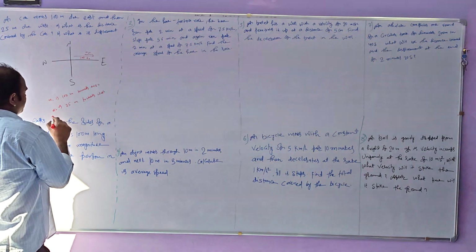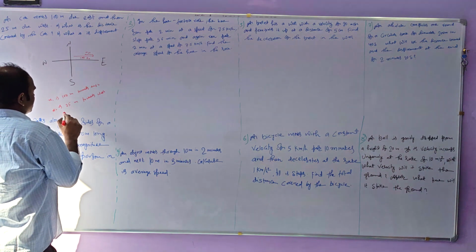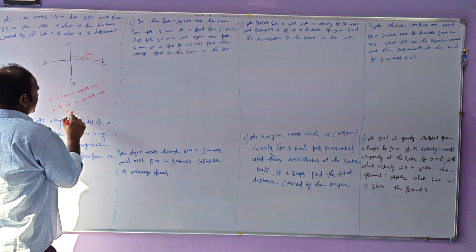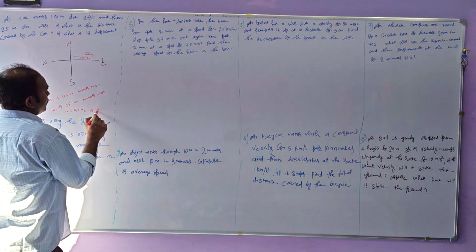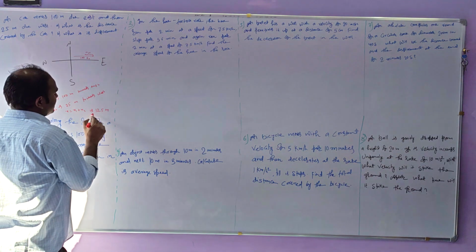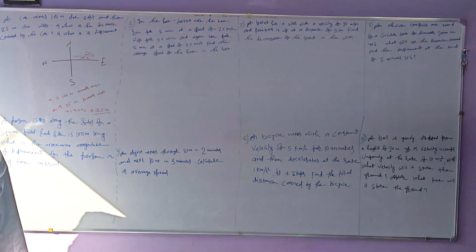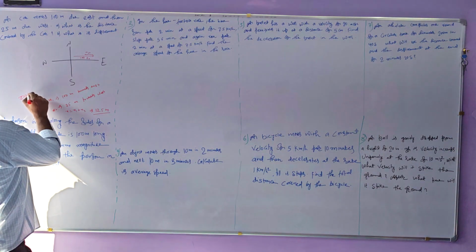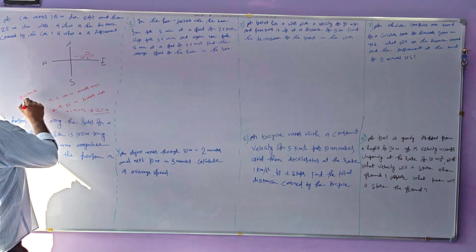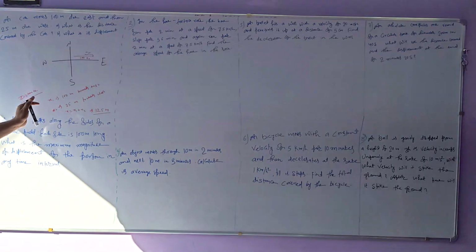Then x becomes s1 plus s2, that is 125 meter, and that is our total distance.